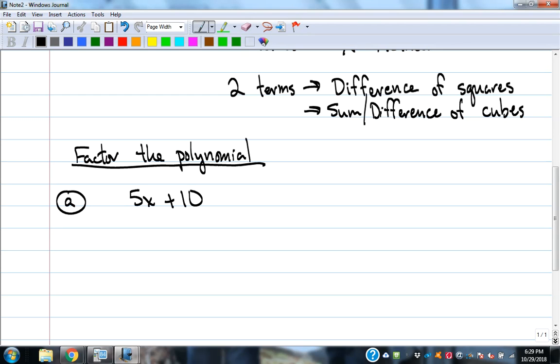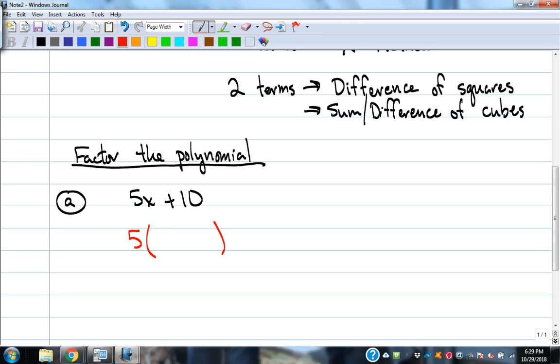All right. Is it in descending order? Yeah, we've got 5x to the first power and then a plain 10, so that's in the right order. The next thing we want to look for is the greatest common factor. We need a number or letter that everybody has in common. 5 goes into itself. 5 also goes into 10. So our greatest common factor is 5. We're going to take that greatest common factor and put it out in front of a set of parentheses.